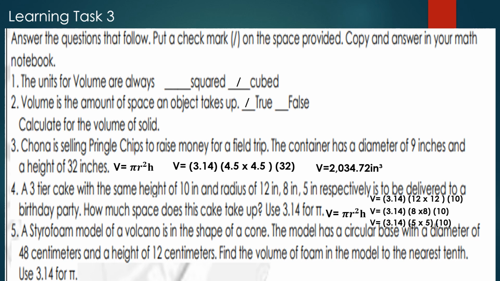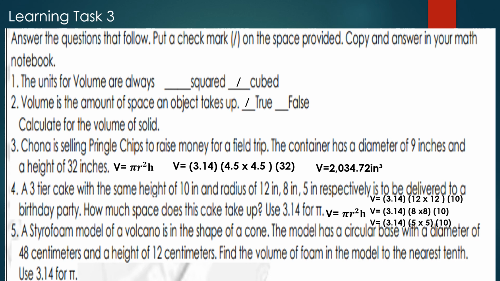Sa ikatlong layer, 3.14, 5 times 5 times 10. Pag nakuha nyo lahat ng mga layer na yan, i-add nyo lang, then you will get the correct answer. Ikukumpyut nyo na lang po ang number 4 at ilalagay ang tamang sagot. So, number 5, kayo na rin ang sasagot dito sa problem.